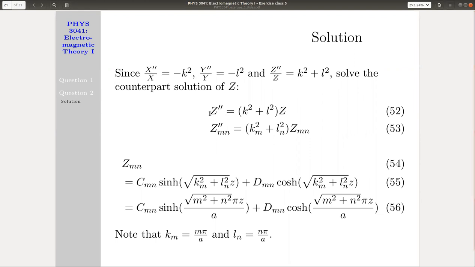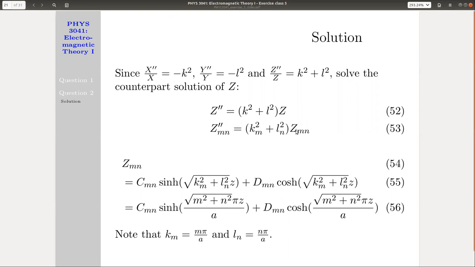Here is the original differential equation of z. For each k_m and each l_n that we have from x and y, we would have a corresponding solution for z, taking the form z double prime mn equals k_m squared plus l_n squared times z_mn.